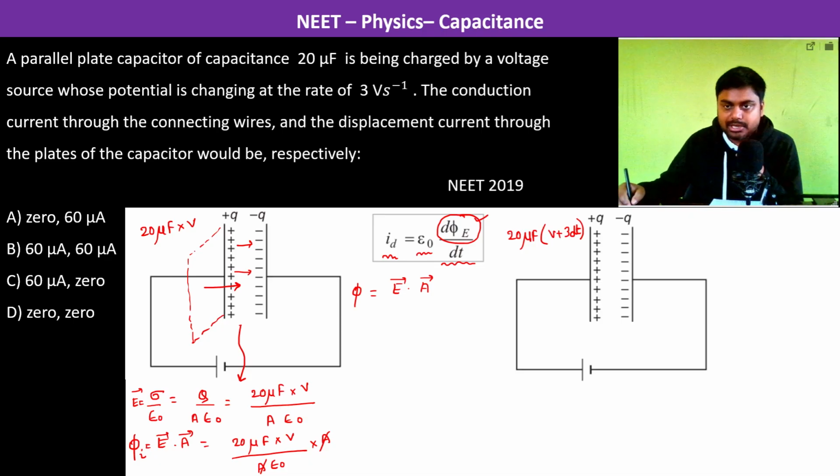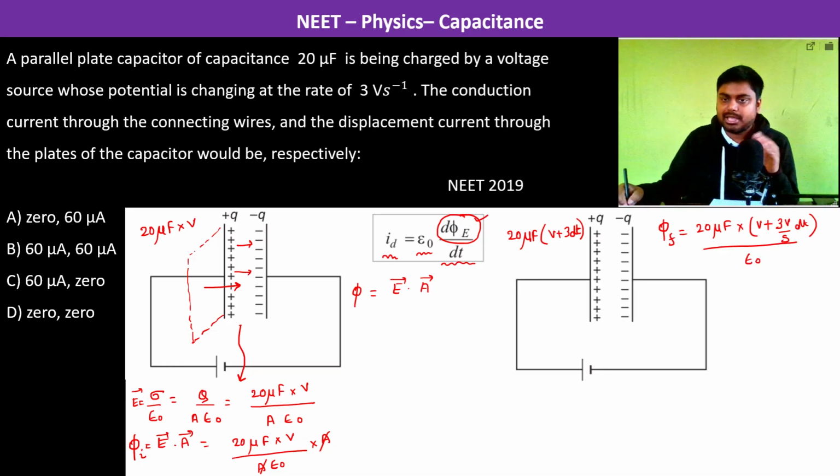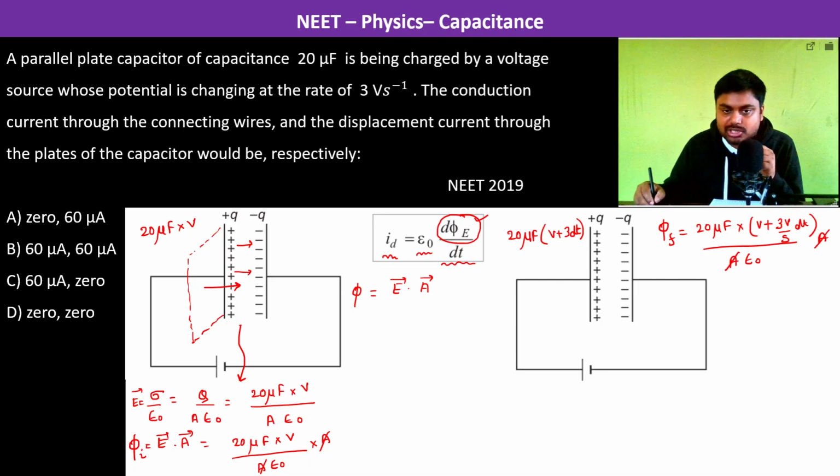Based upon this, the final phi is going to be 20 microfarads into V plus 3 volt per second dt divided by A epsilon naught into A. A is gone. Now what is the change in flux?